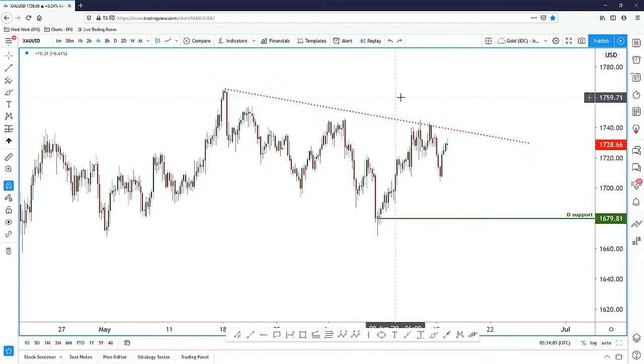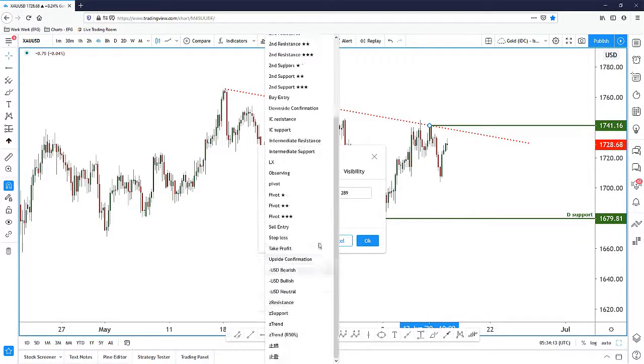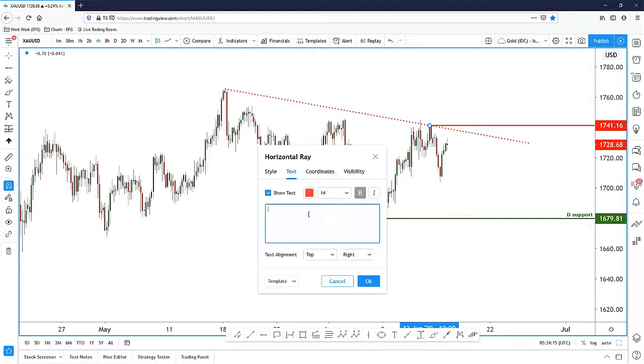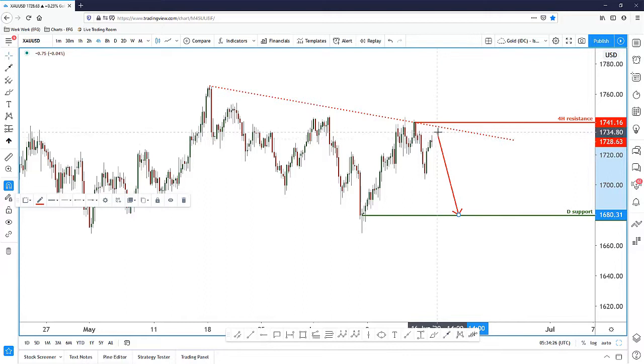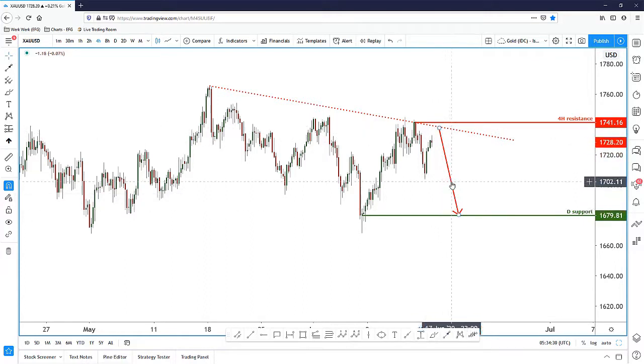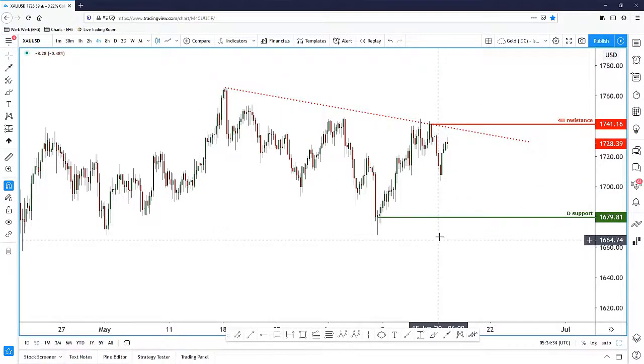Of course, I have a resistance level at this point here, at a recent swing high, and let's call this the 4-hour resistance. And what I'm expecting price to do is make a push down to the daily support, or price can actually come back up to test the trend line and then come back down to the daily support. And how far will price go?